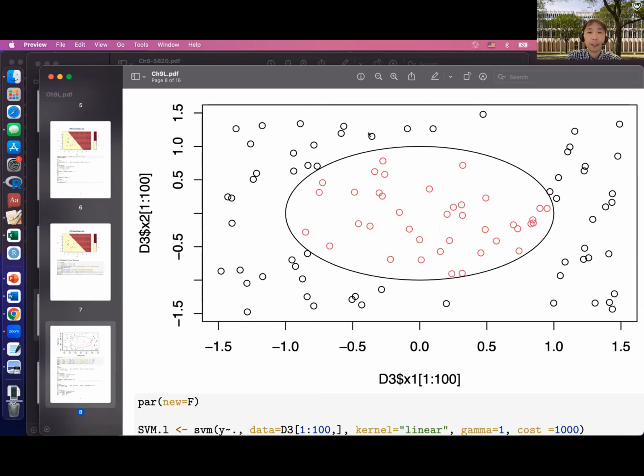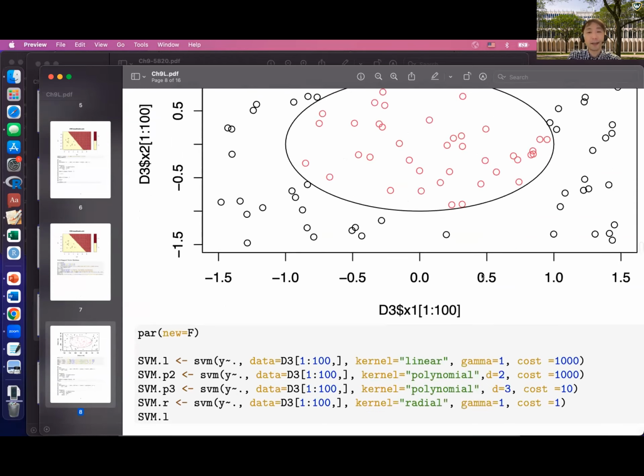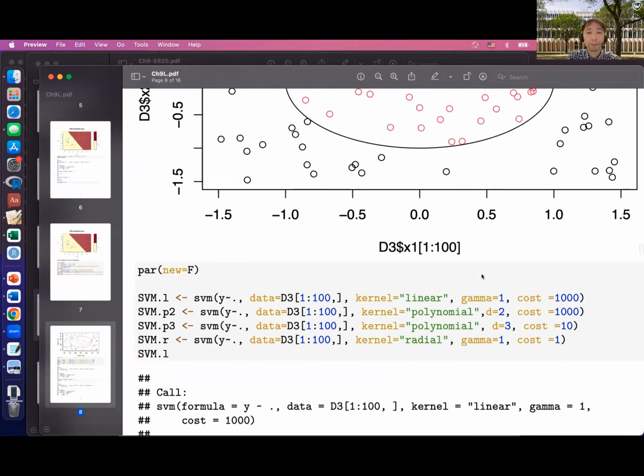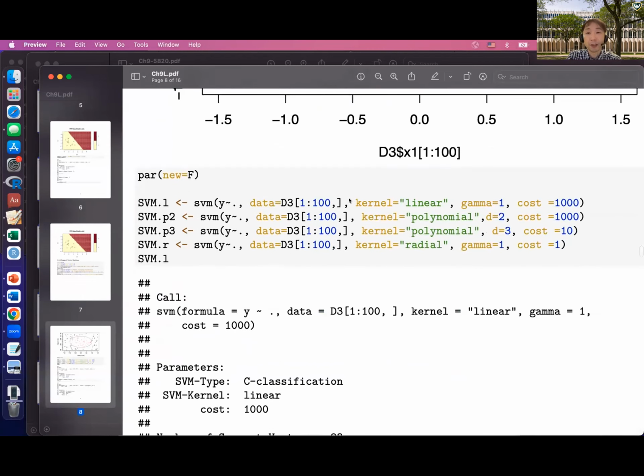So if we have this separating hyperplane, this side is black, this side is a mixture of black and red, but still black is dominant. So we cannot really classify by a straight line. Maybe the best line is here, but both sides are still majority black. So we can imagine that a linear classifier performs poorly.